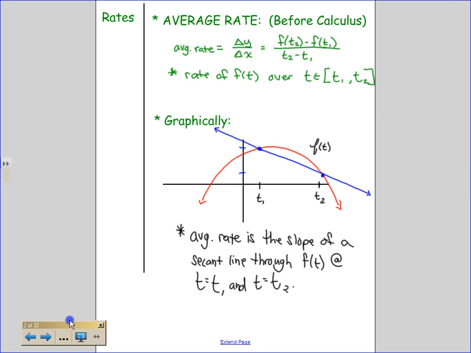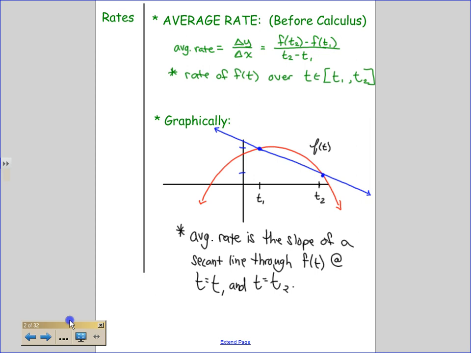Okay. All of that is stuff that you could have done before this year. And we did do. And you did before pre-cal even. You did some average rates, I'm sure, change in distance over change in time, all the way back to pre-algebra. Okay, so average rate, slope, but I have to have 2 times.